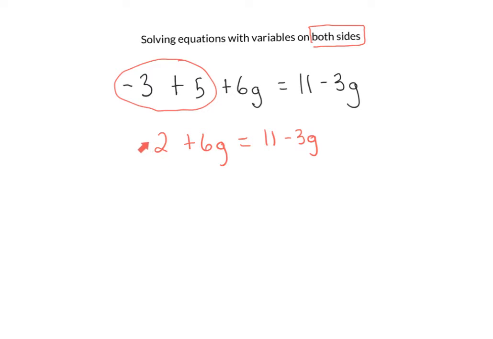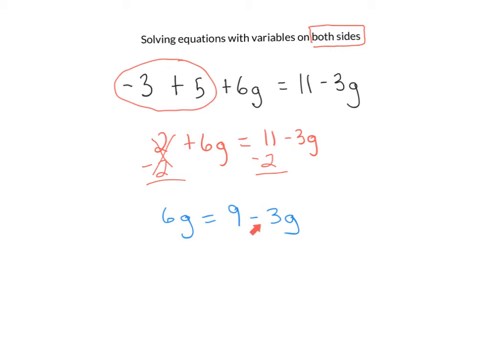There's no sign out in front of it, so it's positive. The opposite of positive is negative, so I'm going to subtract 2 from both sides. Remember, what you do to the left, you must also do to the right. Say it. What you do to the left, you must also do to the right. So this will go away, leaving me 6g equals 9 minus 3g.